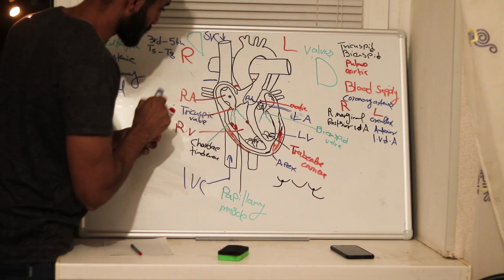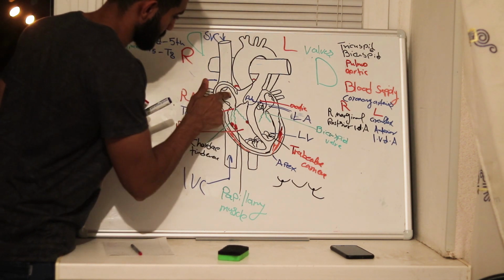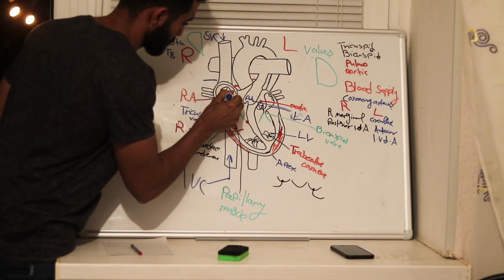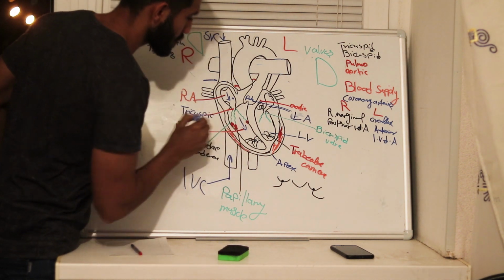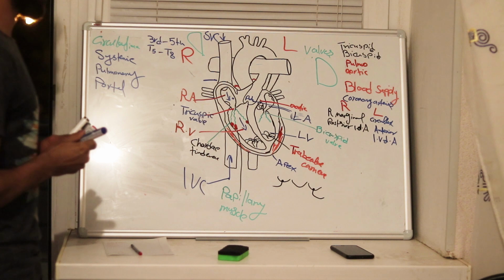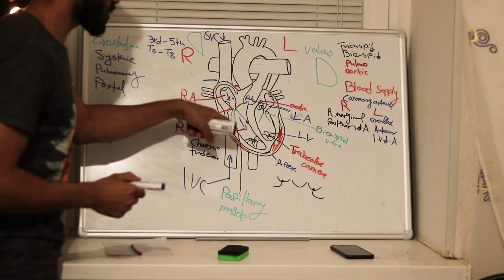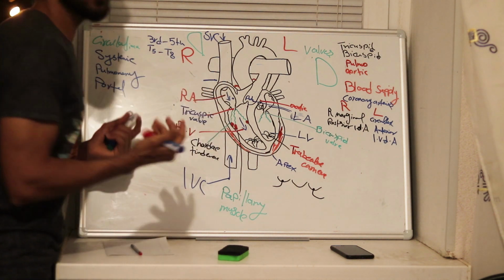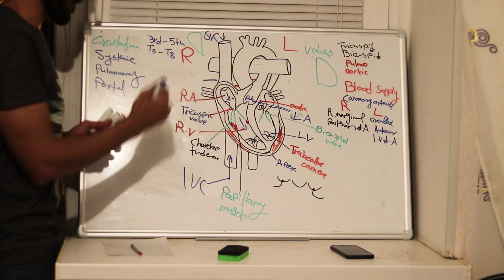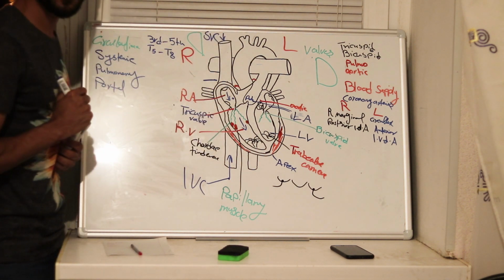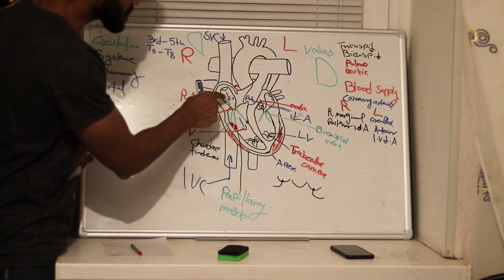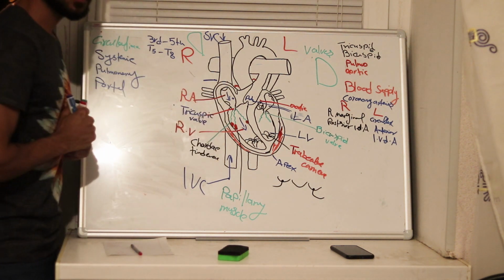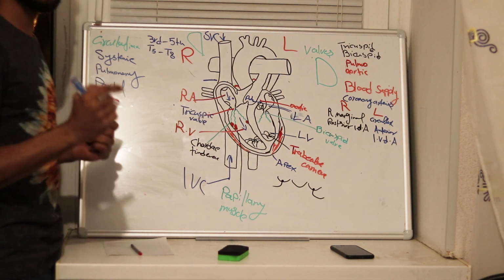So the blood goes from the right atrium down to the right ventricle. From the right atrium to the right ventricle, through which valve? As we said before, the tricuspid valve.